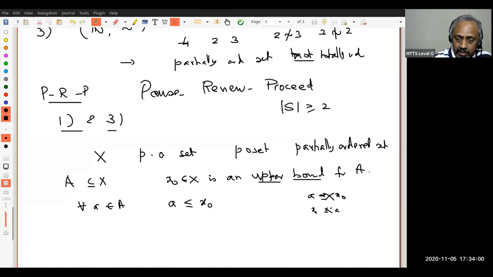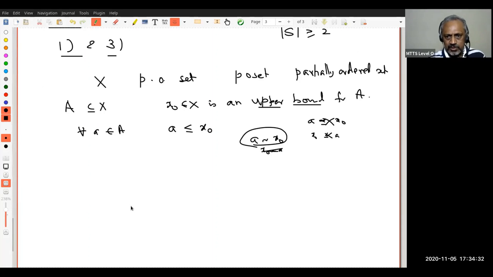But when I want to say x naught is an upper bound, I have to insist that given any a in A, a and x naught can be compared, and that a must be less than or equal to x naught. Do you understand this? Let us look at an example just to make sure that you know.